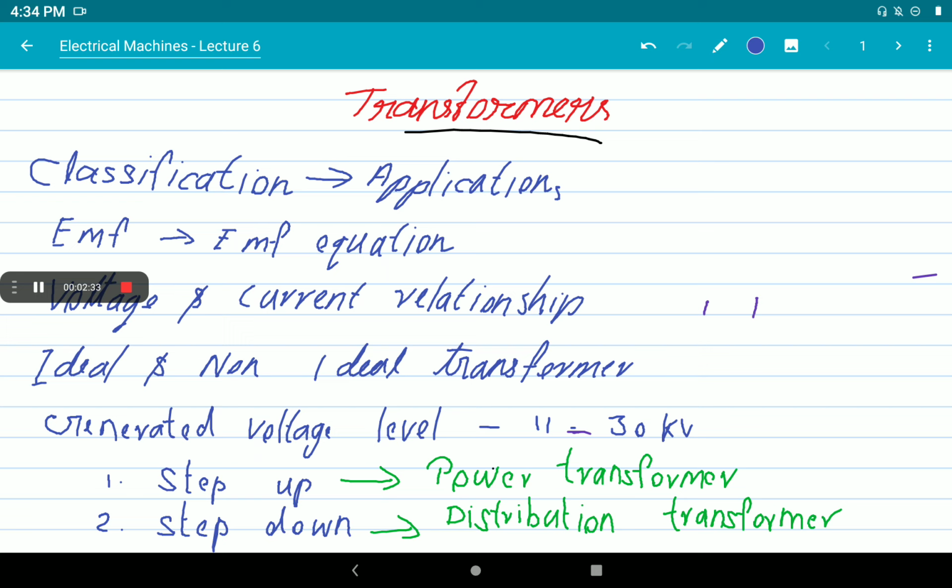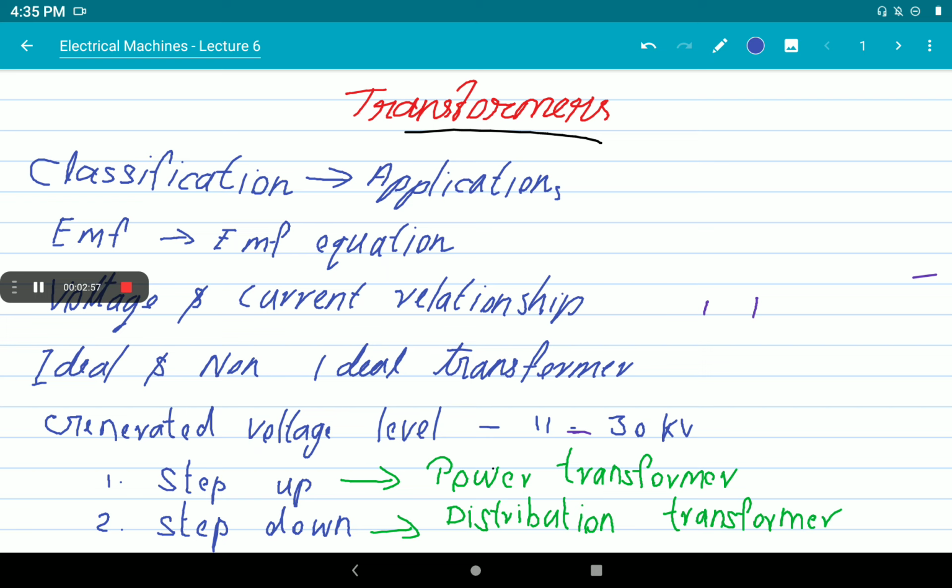At 11 to 30 kV, the current level will be very large, so we have to use thick wires, the construction cost will be very high, and we have to use large power rating switches. So to reduce the cost economically, we have to step up the voltage. For that we are using transformers.